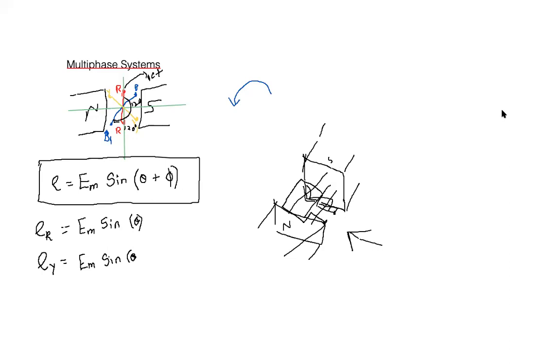Who wants to tell me where the angle I'm going to put there? Junior. Didn't you say 120? Something like that. So is it positive or is it negative? For the yellow, I'm not sure.